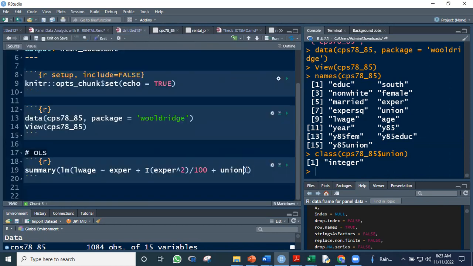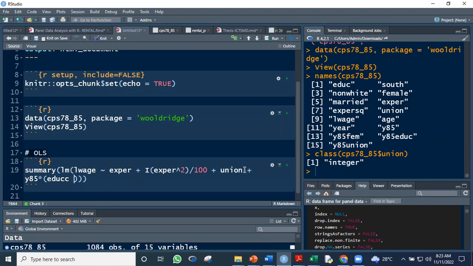Then, ano pang variable ang gagamitin natin? Now, I don't know if hindi ko pa yata na-discuss sa inyo to. Yung year 85 times educ, plus female. Then comma, yung data natin is equal to CPS.